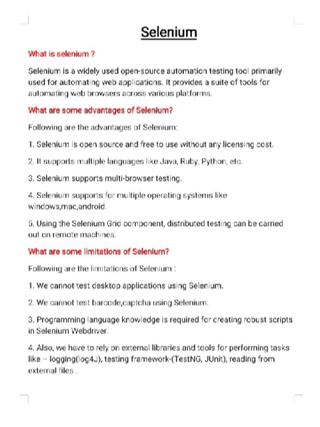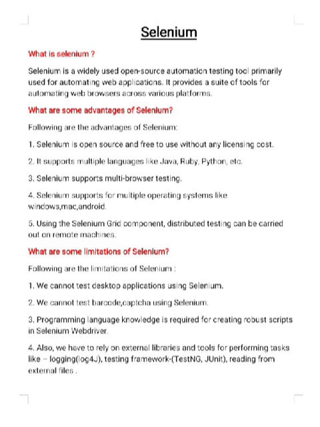Then what are the advantages of Selenium that we are going to see? So first, Selenium is open source and free to use. Means we don't require any license. It is free to use. After that, it supports multiple programming languages. Means we have Java, Ruby, Python.